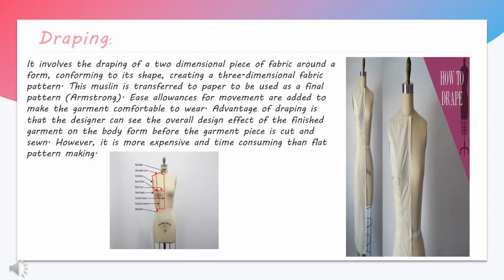The advantage of draping is that the designer can see the overall design and effect of the garment on the body before the garment piece is cut and sewn. However, it is more expensive and time consuming than flat pattern making.